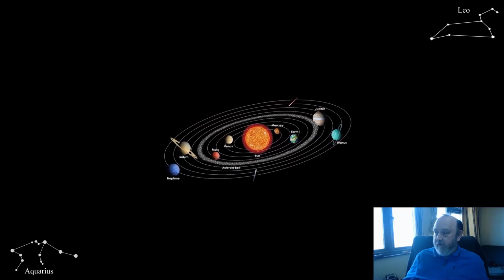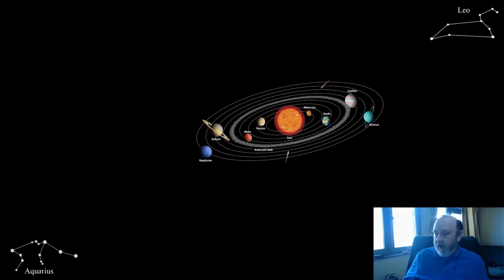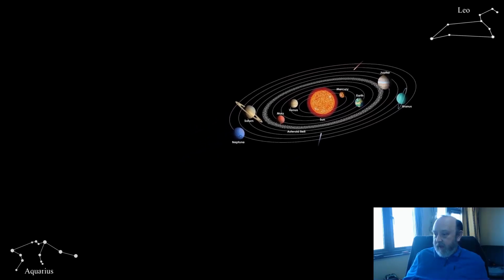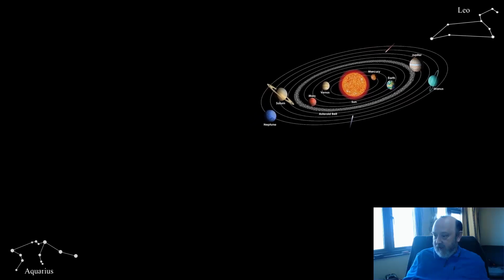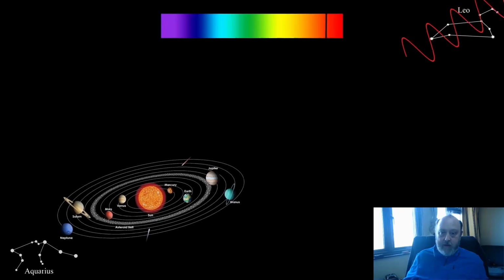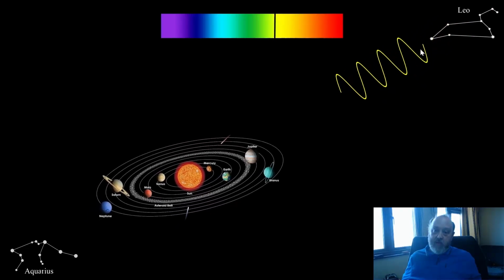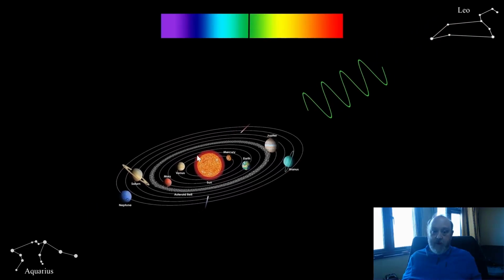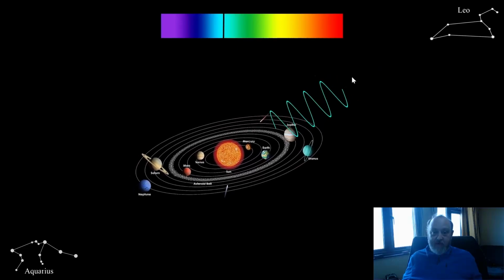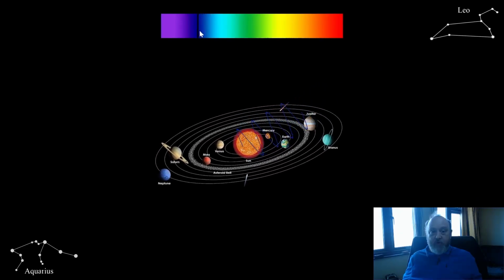And so the explanation goes that light from the microwave sky is increasingly being blue shifted.